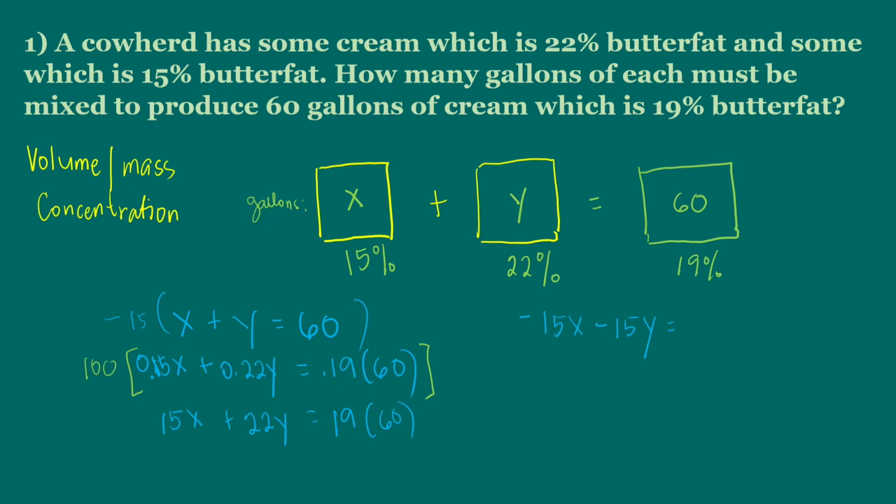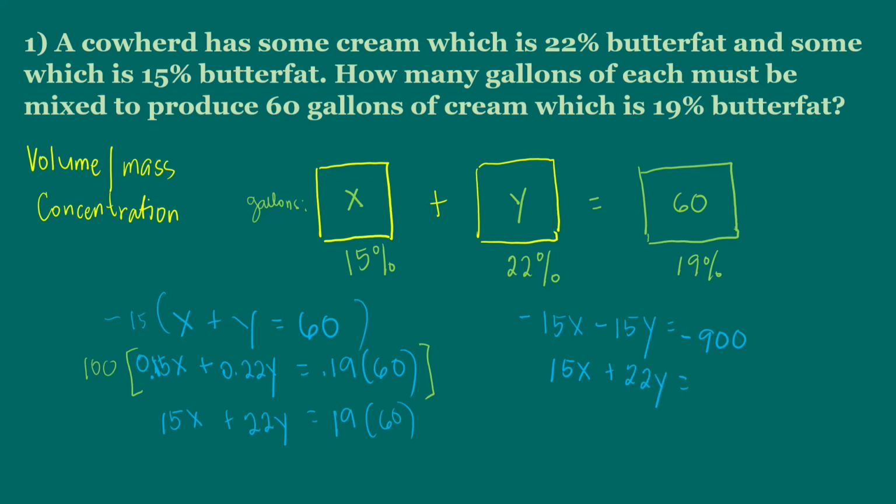So that is negative 900. Right? And then let us write below that this second equation, 15x plus 22y. So that will give us 15x plus 22y.